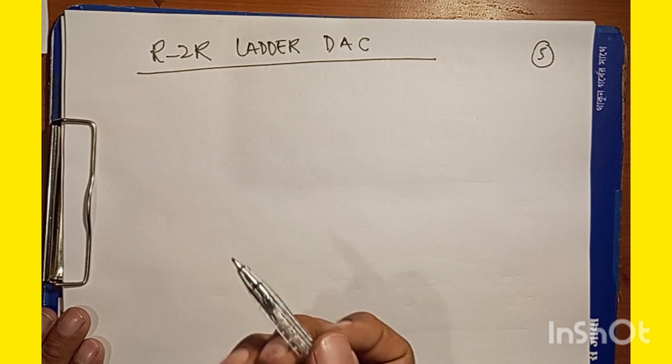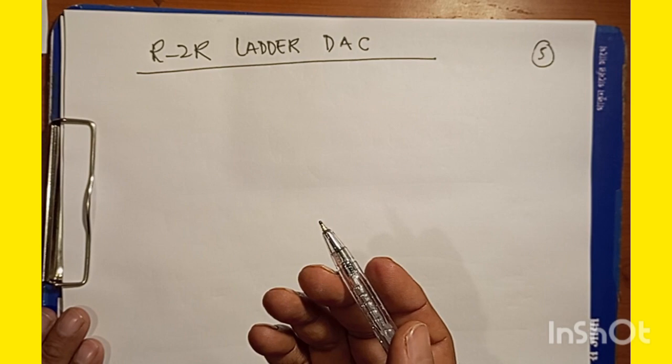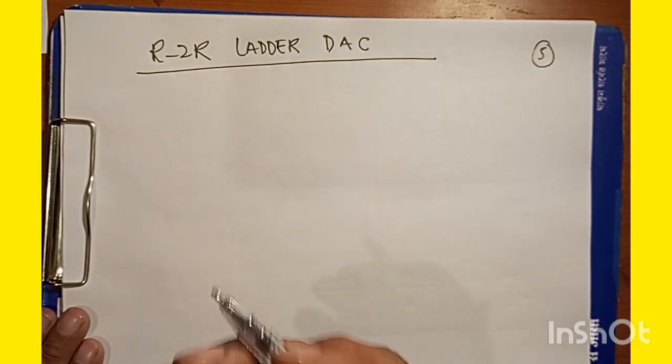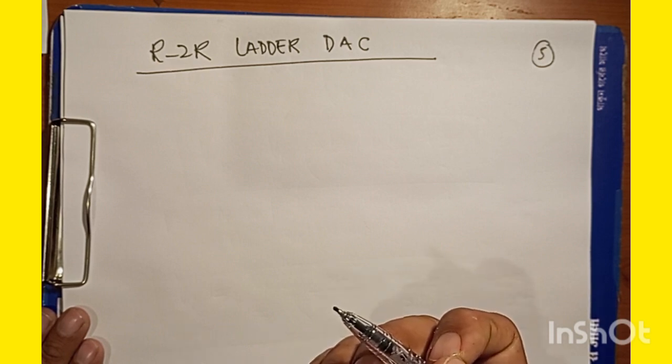As its name suggests, it is the R-2R ladder DAC. It produces an analog output which is almost equal to the digital binary input by using an R-2R ladder network.